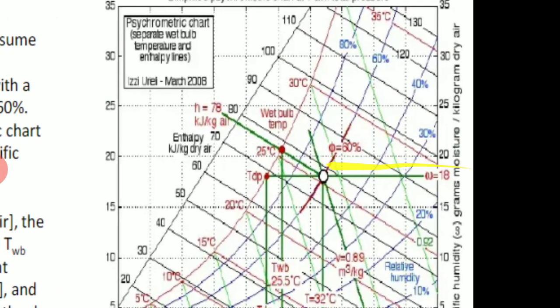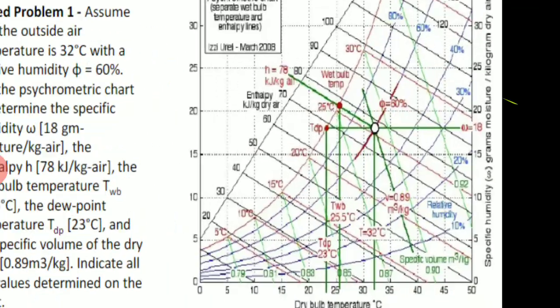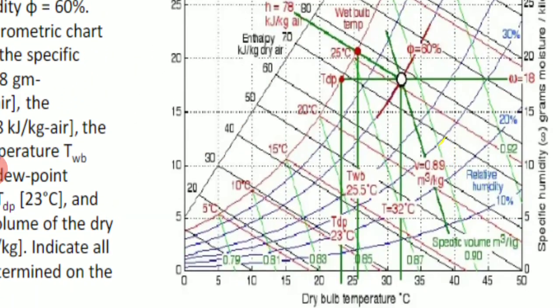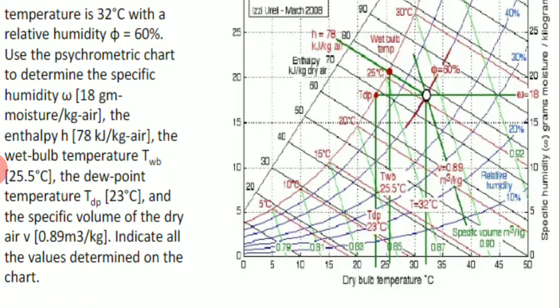So the first step we have to follow in the psychrometric chart: first mark 32 degrees Celsius on the x-axis. It lies in between 30 and 35. Mark 32 and move vertically upward, up to where the second point, φ equal to 60%, is given.